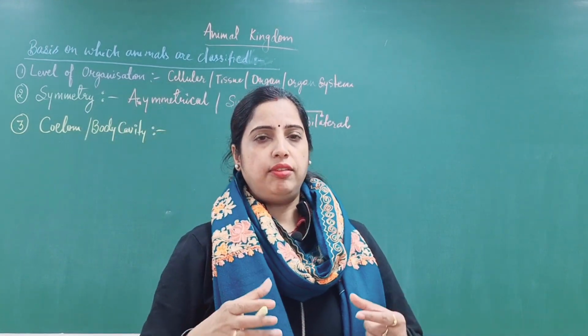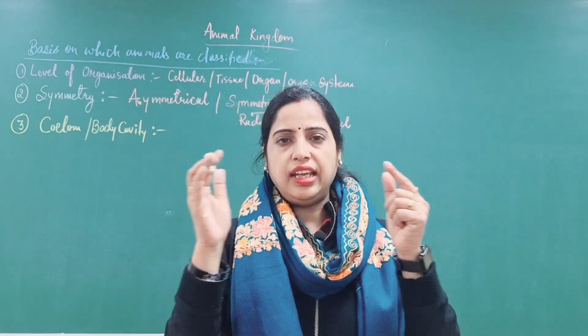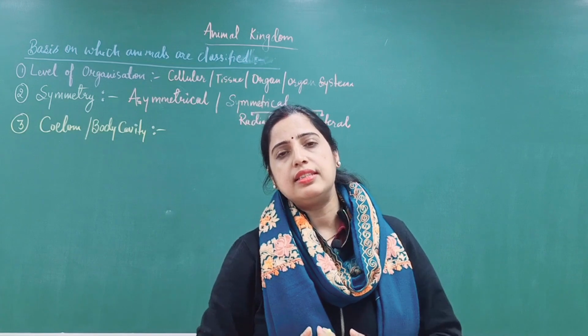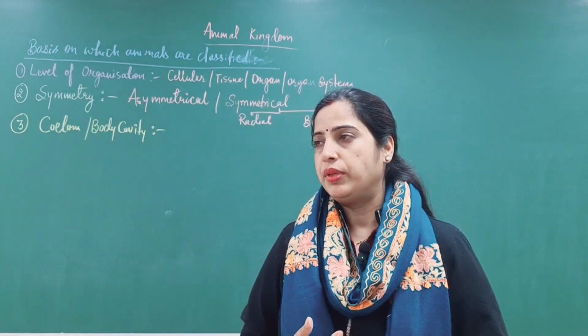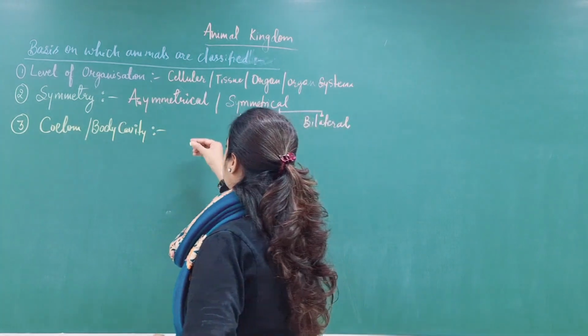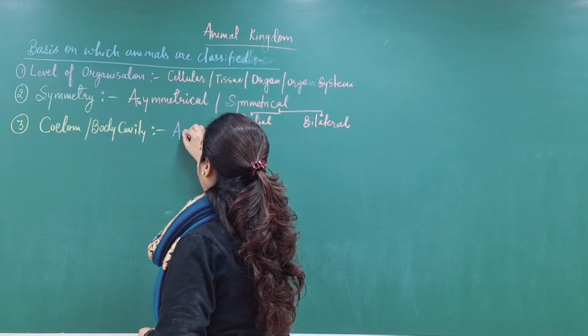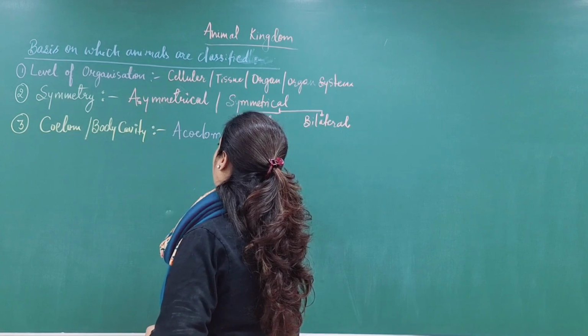If there is the body wall and the alimentary canal, and the area in between, which is where the organs are situated, we call it the true coelom. Some organisms might not be coelomate, so we classify them as acoelomate. There is no coelom at all.